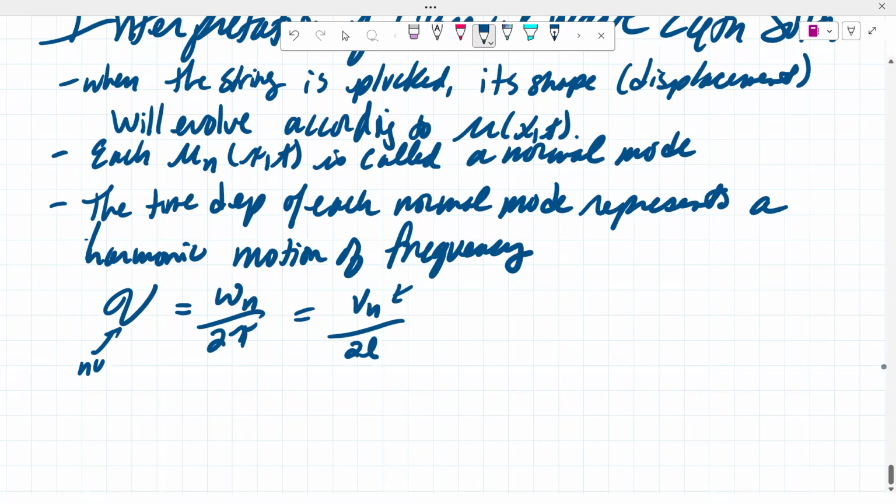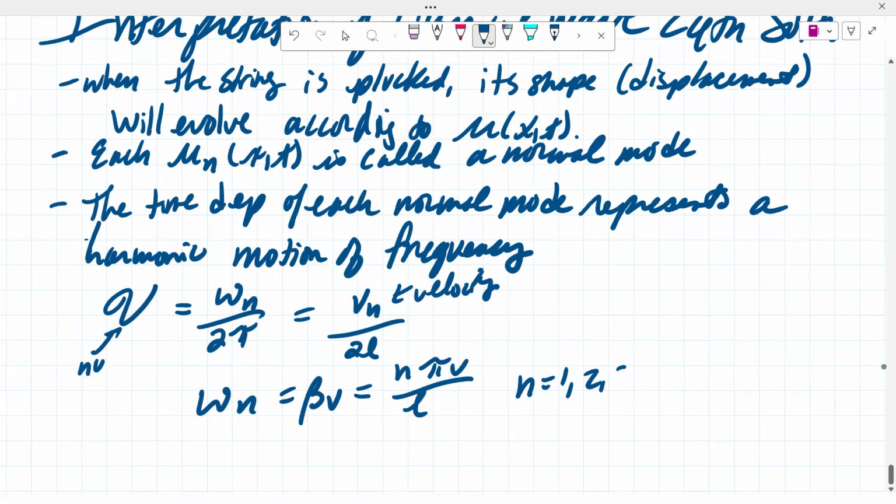This is the velocity. Omega sub n equals n pi v over L, for n equals 1, 2, 3, and so on.